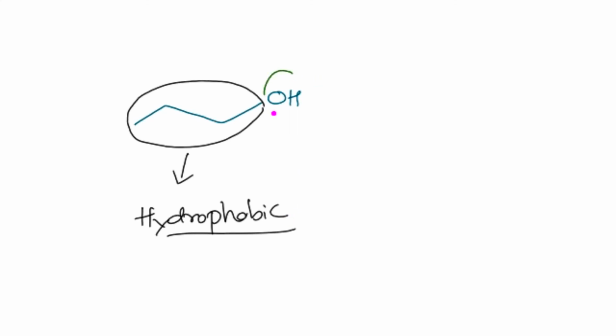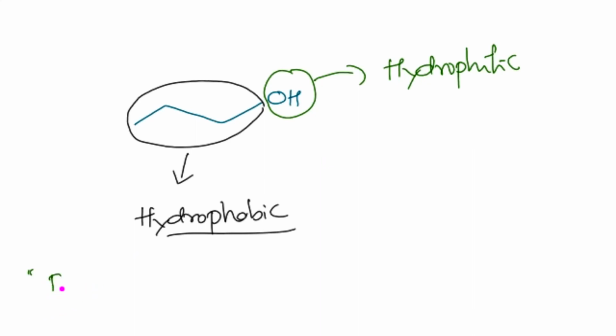And this OH group is hydrophilic, which is readily soluble in water, and it has an interaction with the water. As the number of carbons increases, the hydrophobic part also increases, and therefore the solubility of alcohols, particularly higher alcohols, decreases.